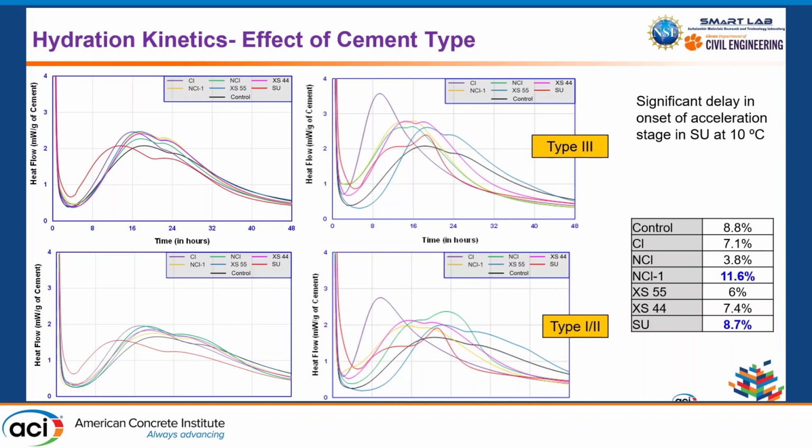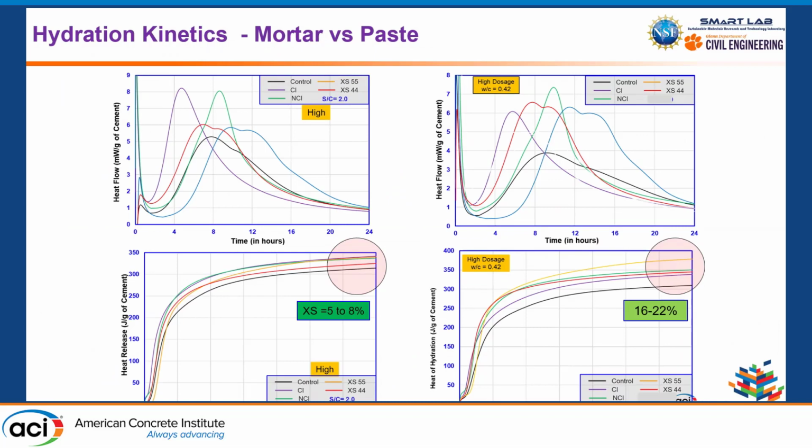I'll skip this slide, but there was a significant difference in how the accelerators behaved at 23 degrees and 10 degrees, and with water cement ratio, binder composition, and fineness when they were changed.